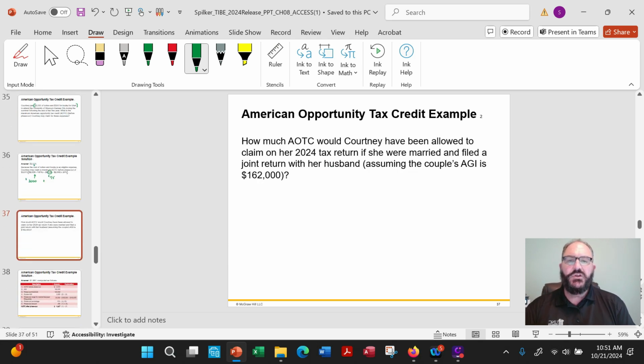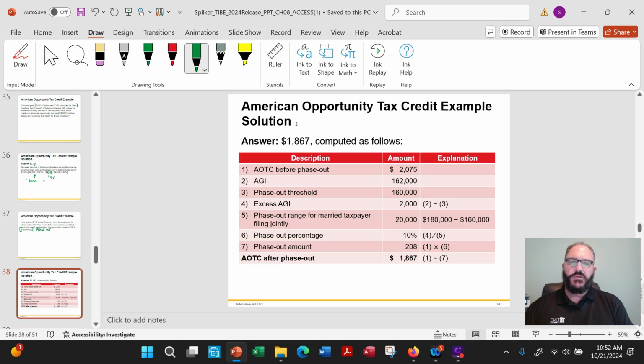It says here, how much would she claim on her return if she were married and filed a joint return with her husband, assuming the couple's AGI is $162,000? So now it depends upon the phase out. We'd have to look at what the phase out limitations are. Here's the American Opportunity Tax Credit before the phase out.